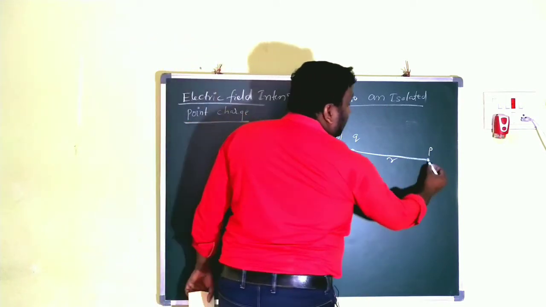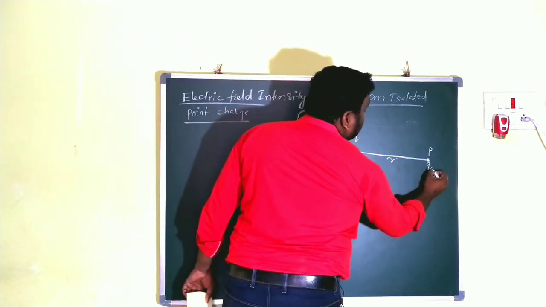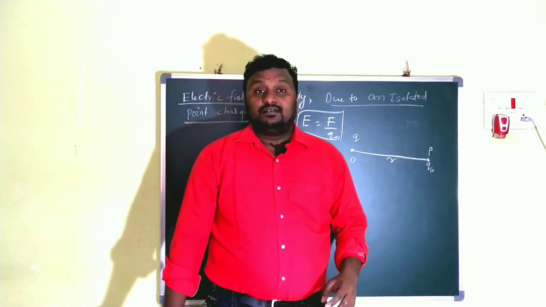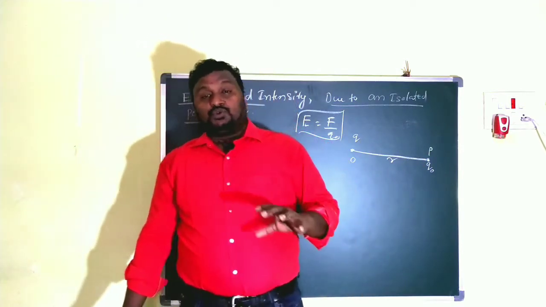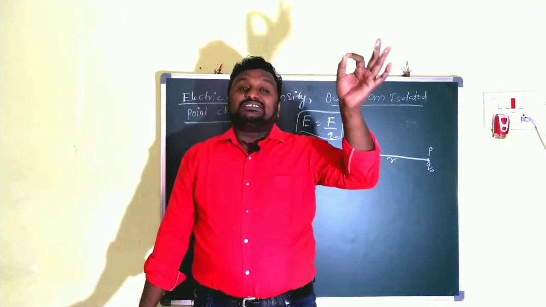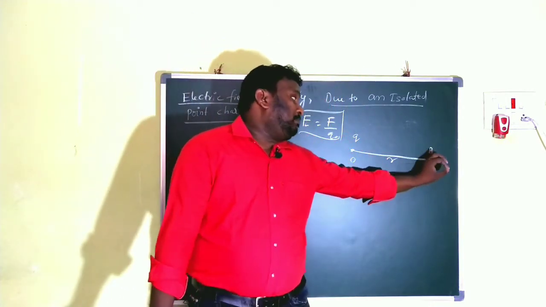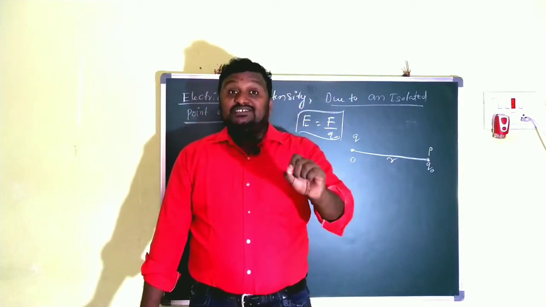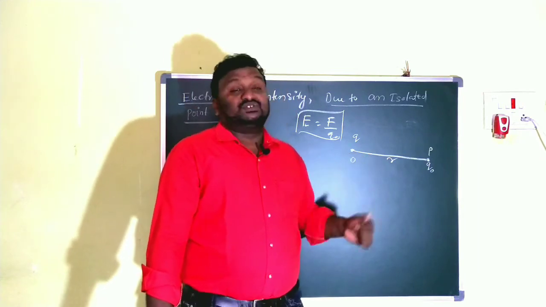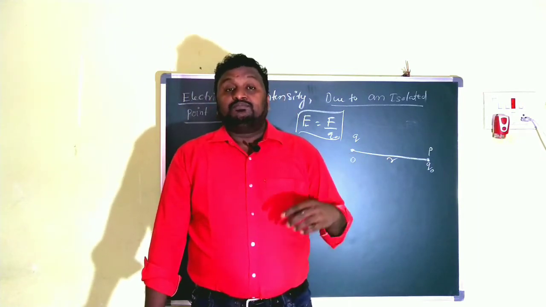Clear? Then we have to keep one charge Q0. We have taken one charge Q, and in the electric field of charge Q we have set one point. That point is P, at a distance of R from the positive charge.